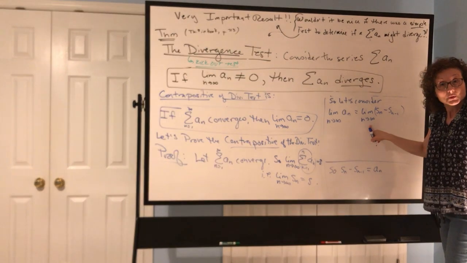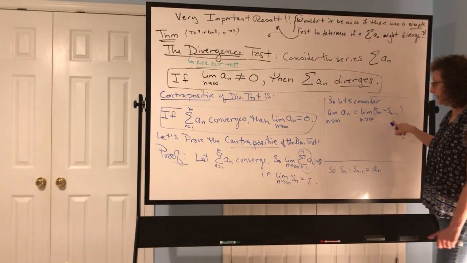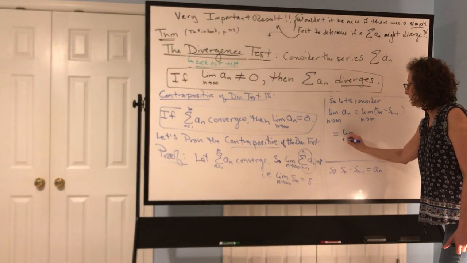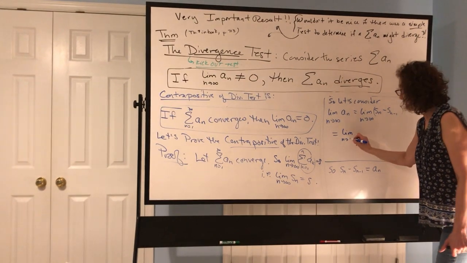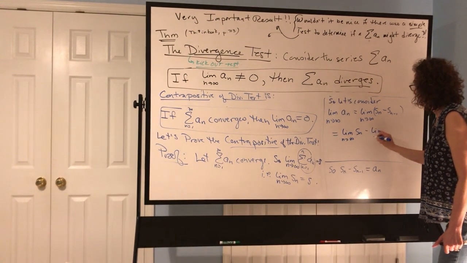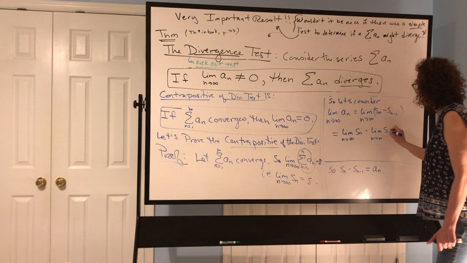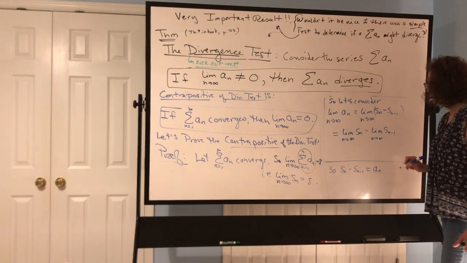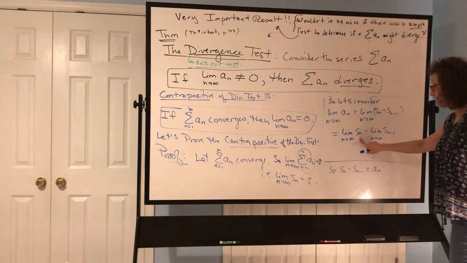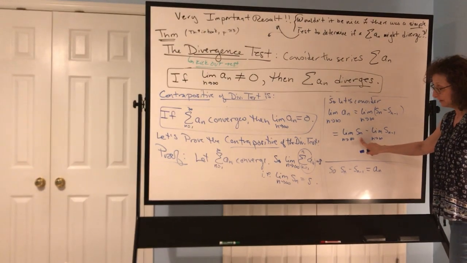Now we have limit tools, right? Limit rules. This is a limit of a difference. That means the limit of a difference is the difference of the limits. We just talked about what the limit as n goes to infinity of s sub n is. What does that equal?